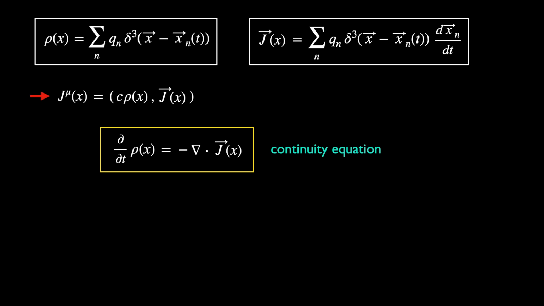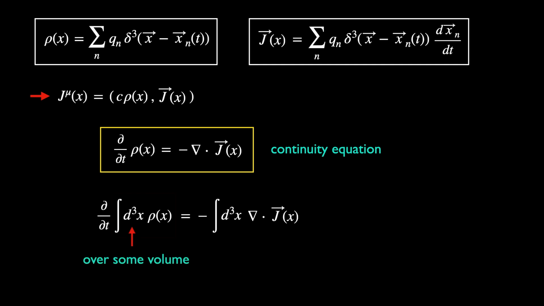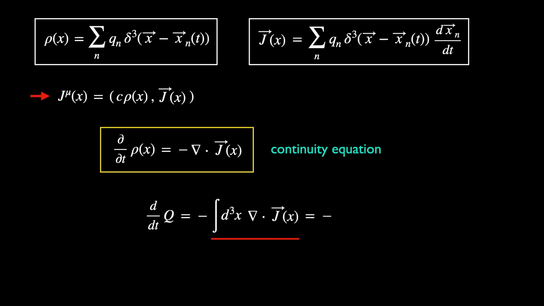To understand what this equation says, let's integrate both sides over some volume. The red box on the left-hand side is the total charge in the volume. Q depends only on t, so let's replace partial t with a total derivative. On the right-hand side, we can use the divergence theorem, also known as the Gauss theorem. d sigma is the surface element of the volume, and n is the vector normal to the surface.